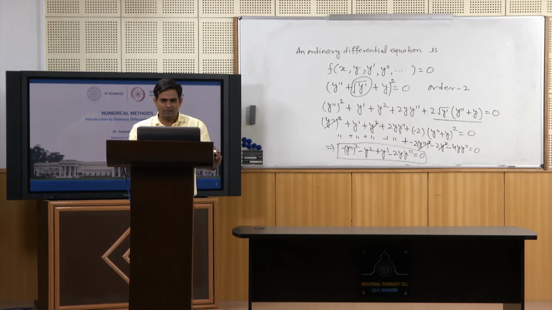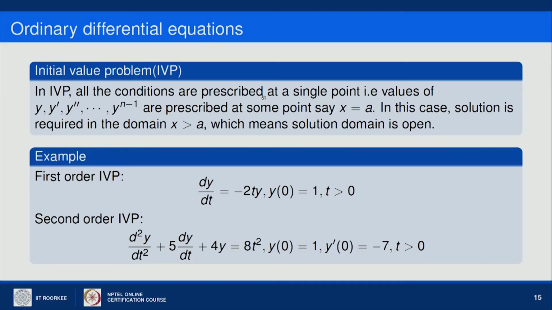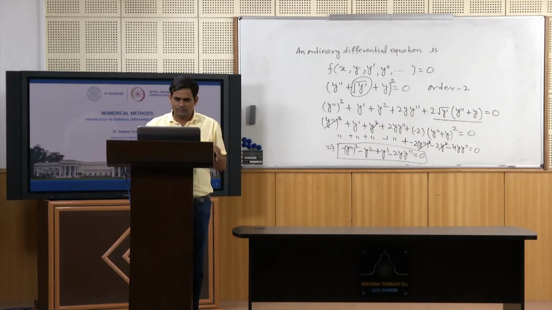In an initial value problem, all the conditions are prescribed at a single point, that is, the values of y, y prime, y double prime, and so on. If the differential equation is of nth order, then we will have initial conditions up to the (n minus 1)th order derivative, and those initial conditions are given at some point x equals a.